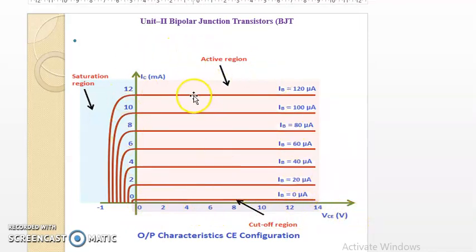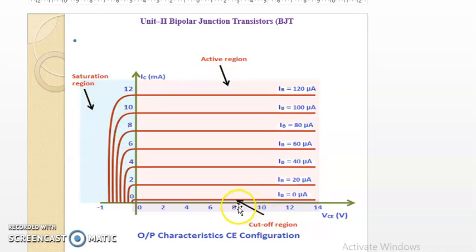So in this way, this curve shows the output characteristics of a transistor in common emitter configuration. Here, this region is said to be the saturation region. This is the active region.